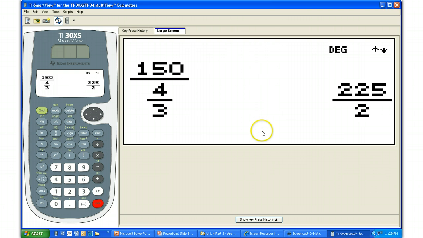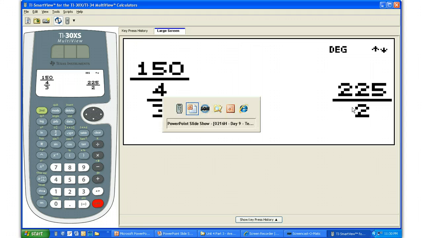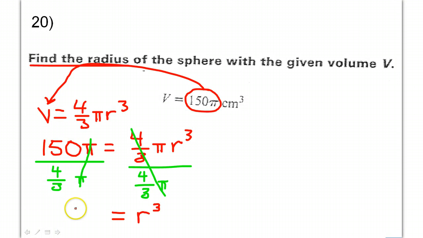So I'm getting 225/2. So just leave it like that, no need to make it a decimal.